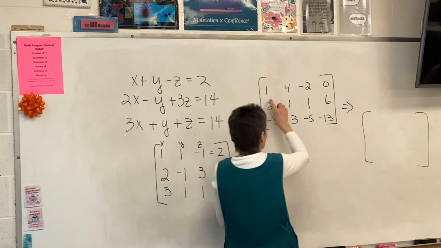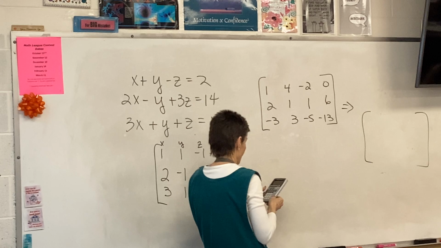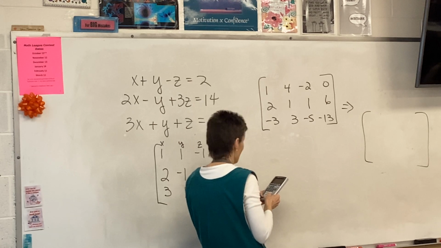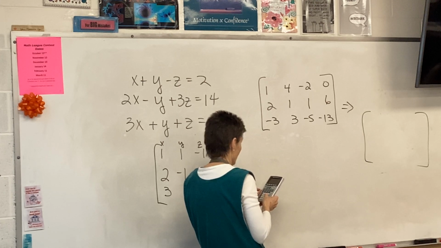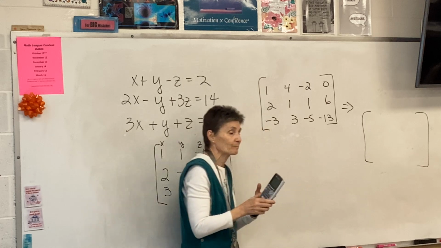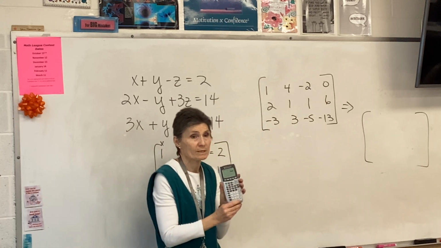And now let's type these numbers in on our calculator. So 1, and make sure you're using your negative button and not the subtraction button when you type in those negative numbers.